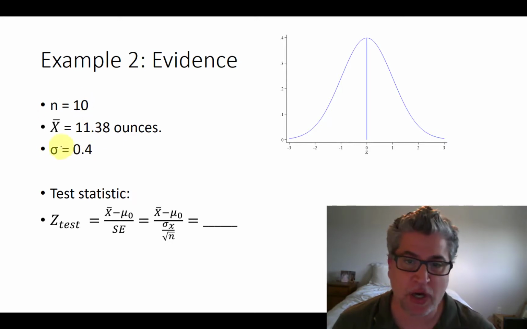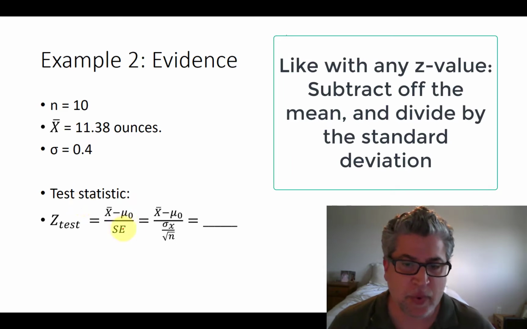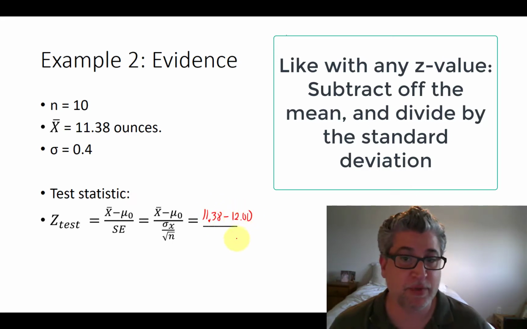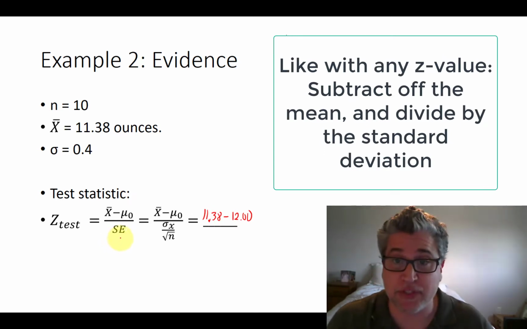So let's summarize all of this information into a test statistic. Essentially, what we want to know is how far away from what we were expecting were we? We can express that in terms of standard deviations or standard errors. So we took a sample of 11.38 ounces. Now that was different from the 12 ounces that we were expecting. Now let's express this difference in terms of standard errors, because we are dealing with averages.